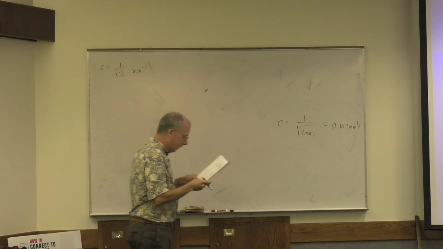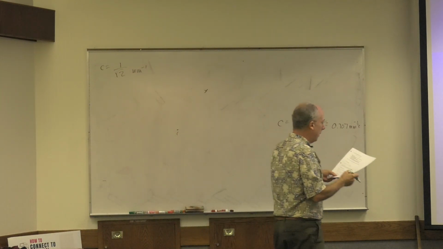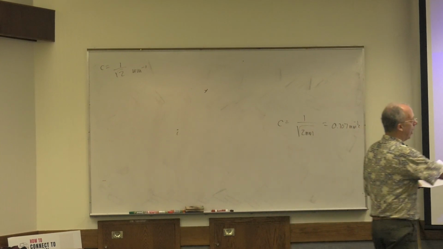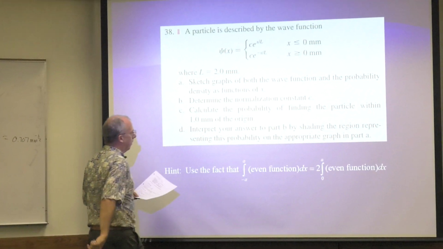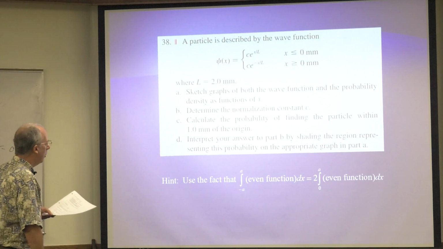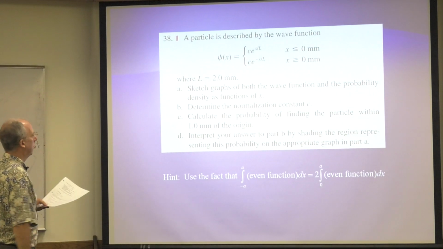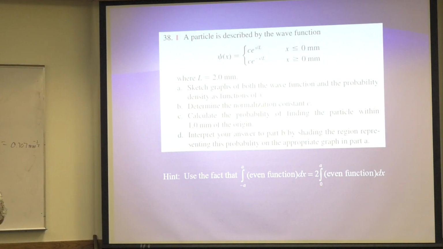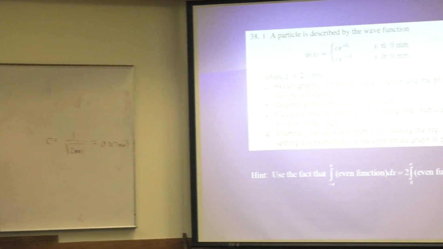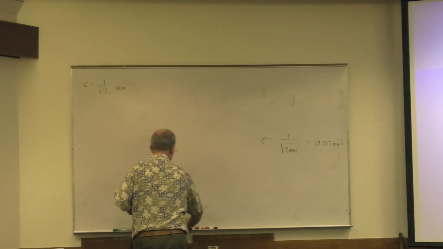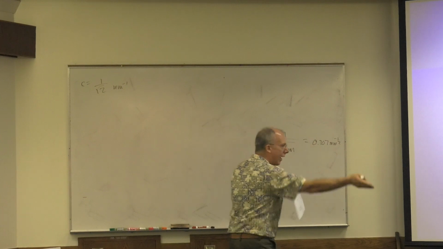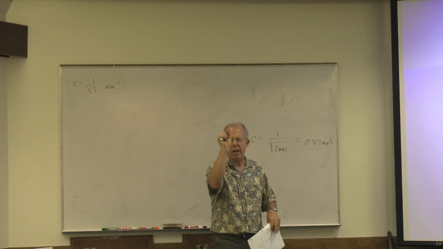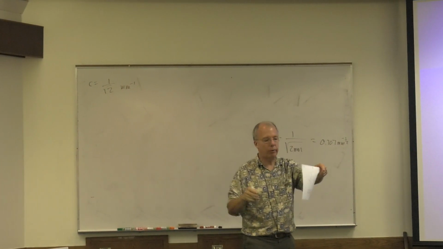Okay, so that's nice. Now we want to calculate the probability of finding the particle within 1 millimeter of the origin. We can do it. So it's a millimeter to the right and a millimeter to the left. So it's not this really narrow band, it's like a big, wide region.